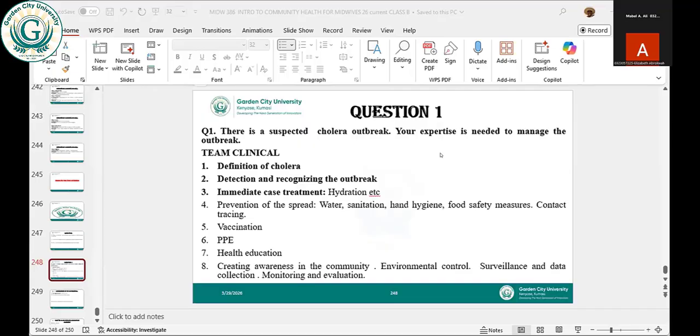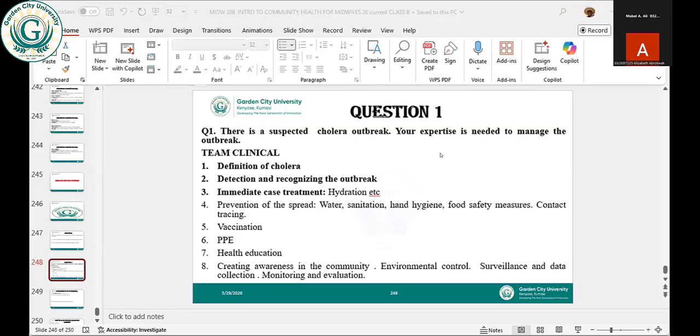Okay. So with the water, sanitation, and hand hygiene, we ensure safe drinking water by boiling their water or treating with chlorine. So when you say we ensure safe drinking water by boiling their water, are you going to boil it for them?